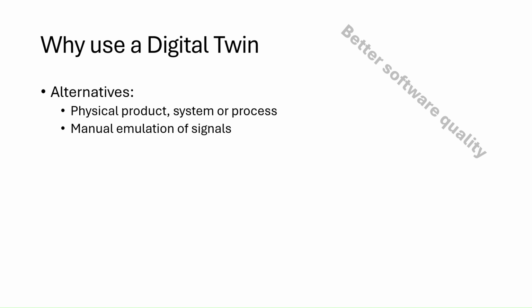So some of the alternatives are the physical product, system or process. If you actually have the product or the system or the process, you can test on those.